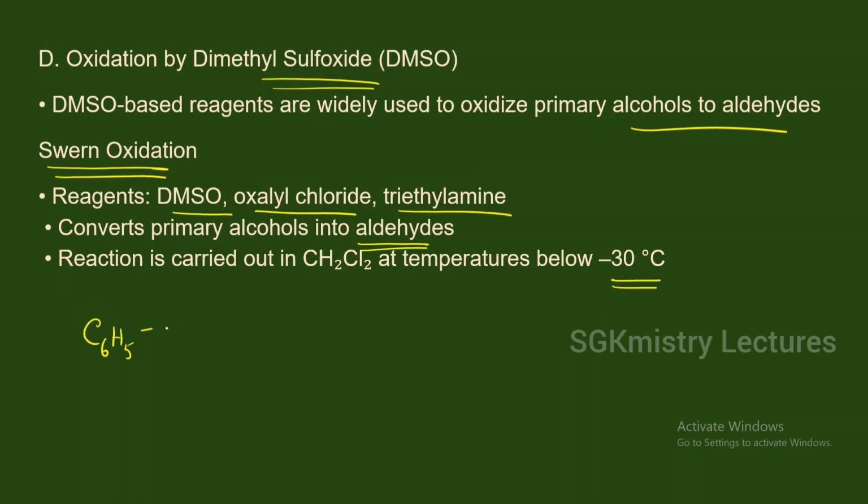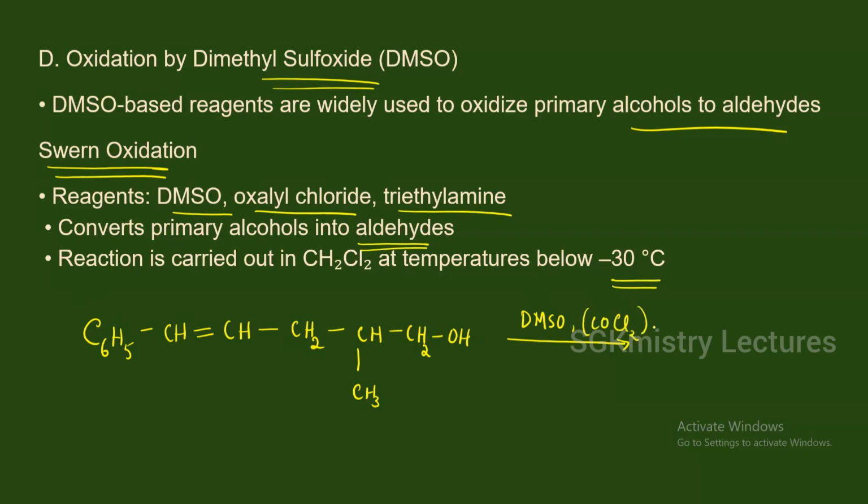So C6H5, CH double bond CH, CH2, CH, CH3, CH2OH. Now I'm going to take the primary alcohol. So here we have DMSO, oxalyl chloride, COCl2 twice. Then we have triethylamine, and the solvent that is used is dichloromethane at low temperature.